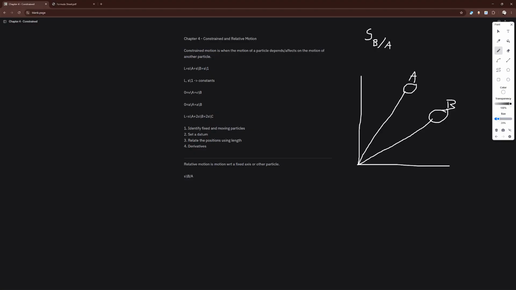That's what that means. The position of B relative to A, with respect to A, however you'd like to say it, is equal to S B minus S A, right? Let's say we're looking at the Y coordinates. This is 3, this is 5. What's the position of B with respect to A?